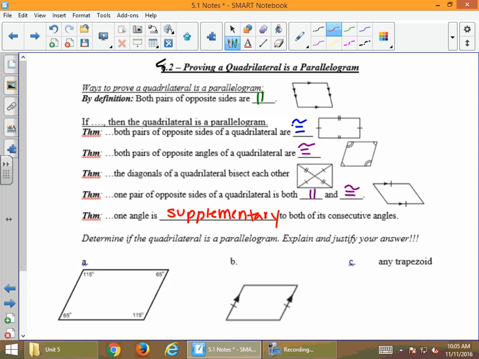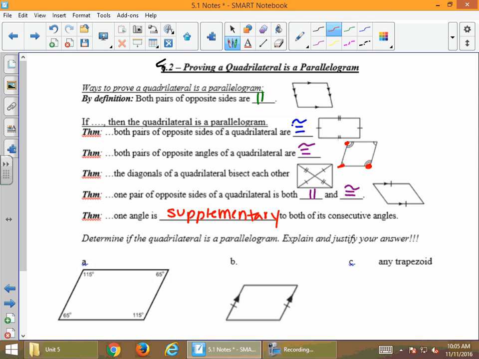So if we look at, let's just say this diagram, this bottom angle. If it's supplementary, meaning they add to what? 180. So these two angles add to 180. And then this angle and this angle add to 180. Then you know it's a parallelogram. So if the angles that are right next to each other add to 180, then you know it's a parallelogram.